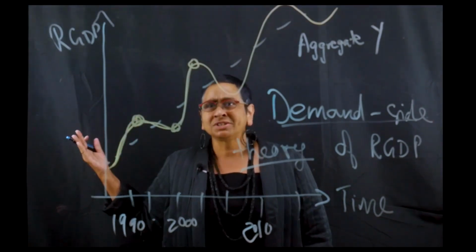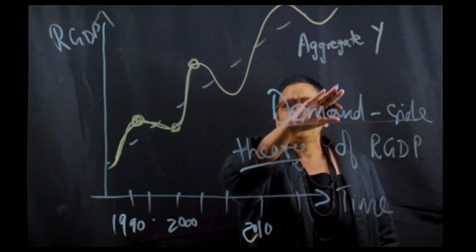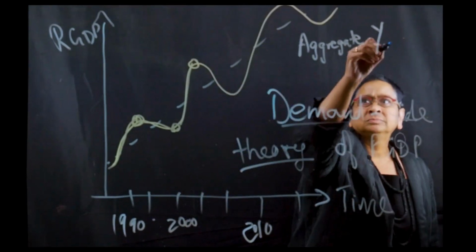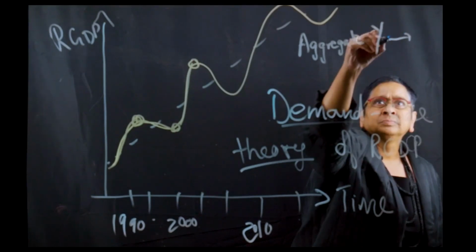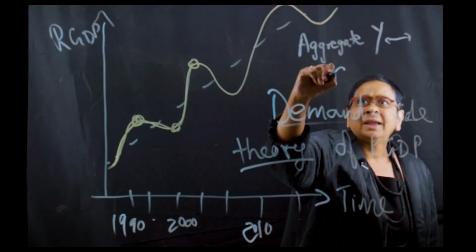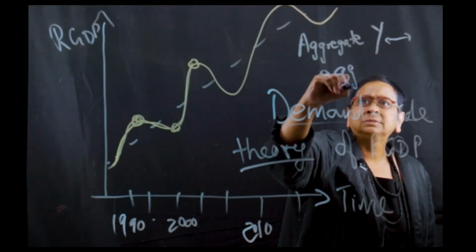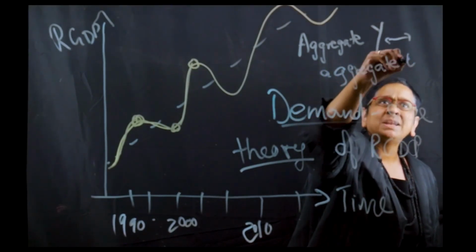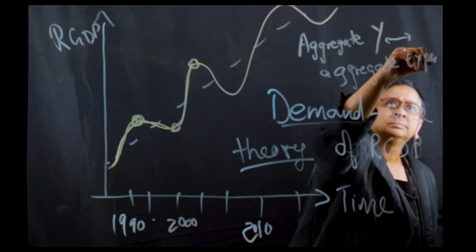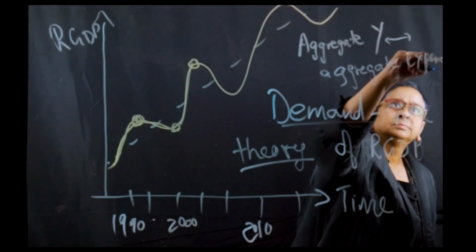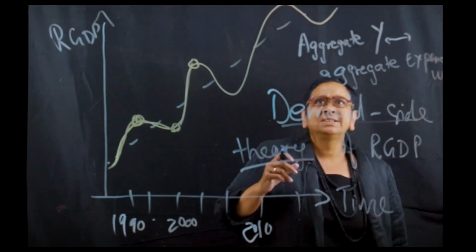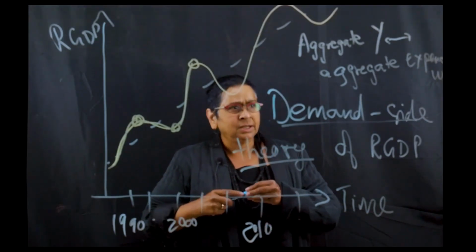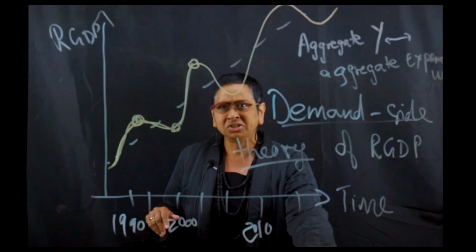So it makes a lot more sense for me to use the symbol Y for aggregate income, and aggregate expenditure. So we sometimes call this the aggregate income, aggregate expenditure model, right? That's the model we're going to learn about.